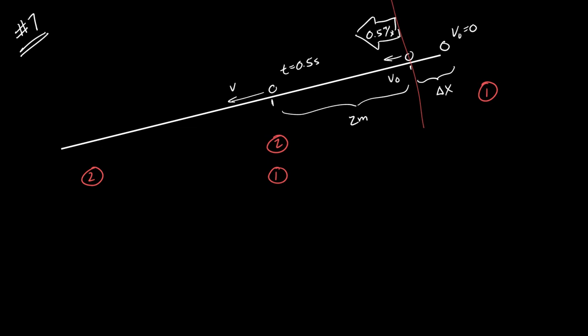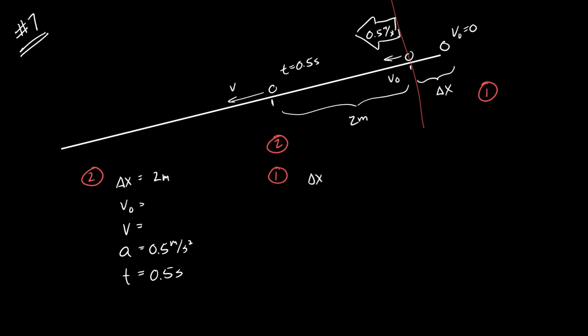But we do know some things about its motion here. Let's consider what we do know. It's accelerating at 0.5 meters per second squared. It takes 0.5 seconds to travel between the 2 seams, and the 2 seams are 2 meters apart. That's the information given to me about that portion of the ball's motion.